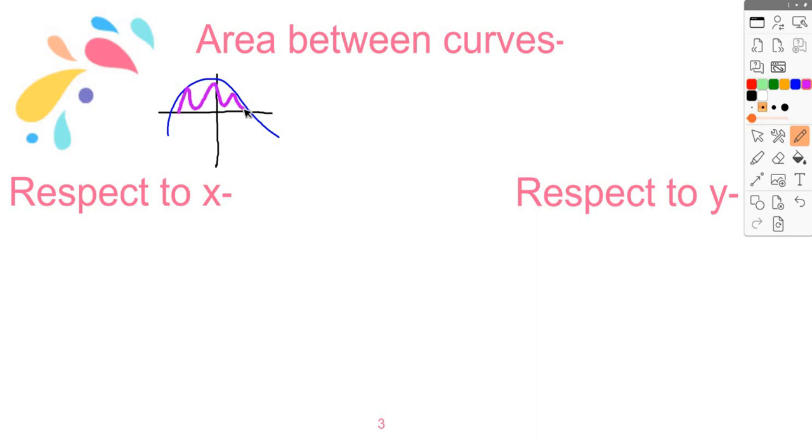But let's say that I had some other graph and it went like that. Now I want to find the area between those two things instead. So the little eye shape that's there. But what would the area under that curve be?